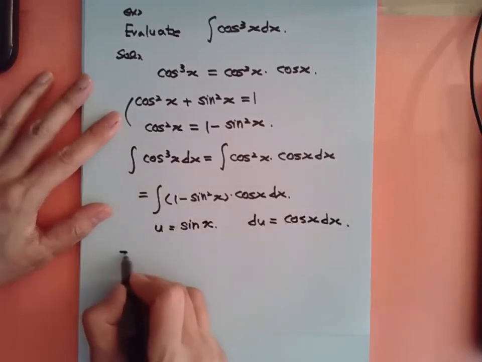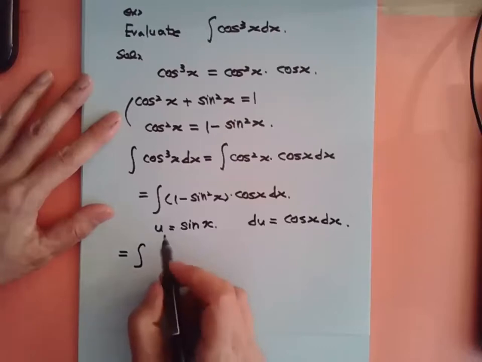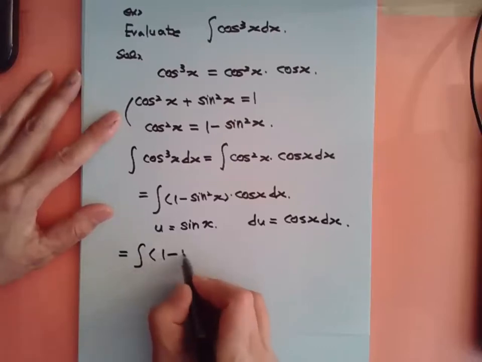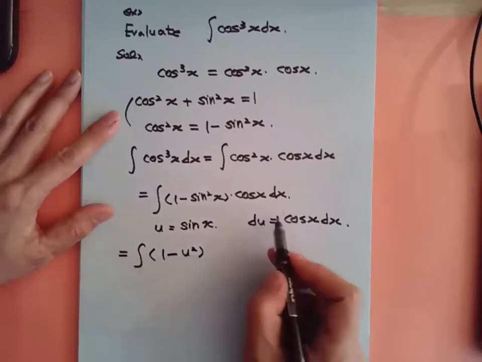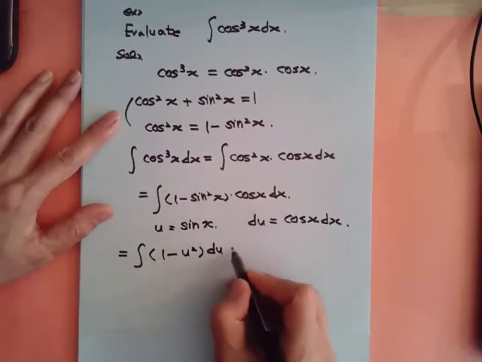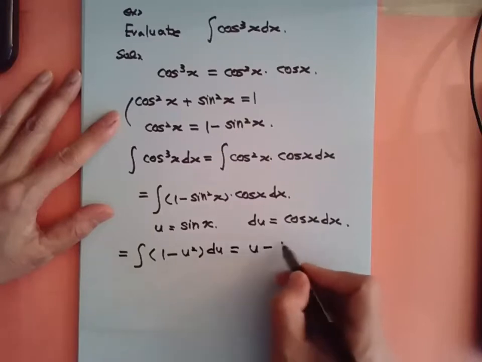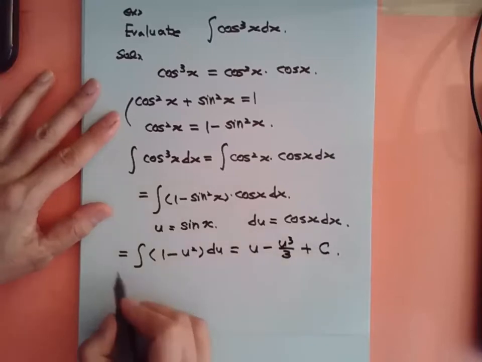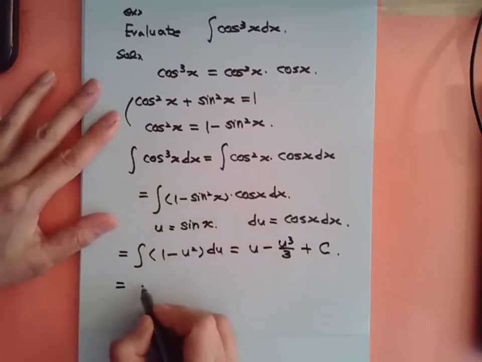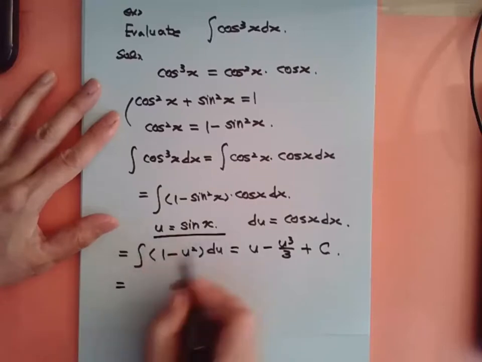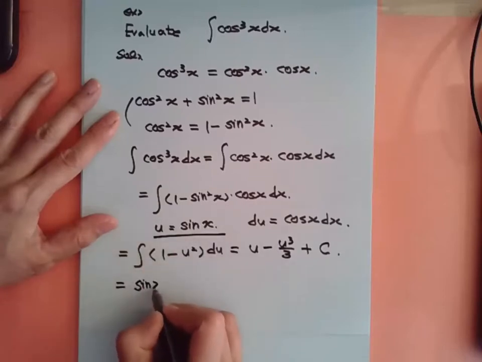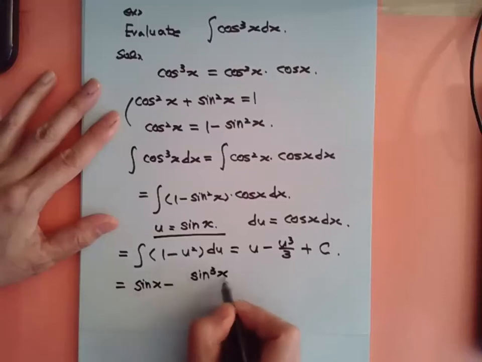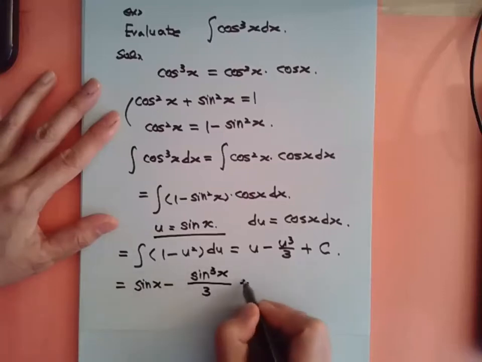Then the given integration can be written in polynomial form, the integration of 1 minus u squared du. So that is u minus u cubed over 3 plus c. u was sine of x, so sine of x minus sine cubed of x over 3 plus c.